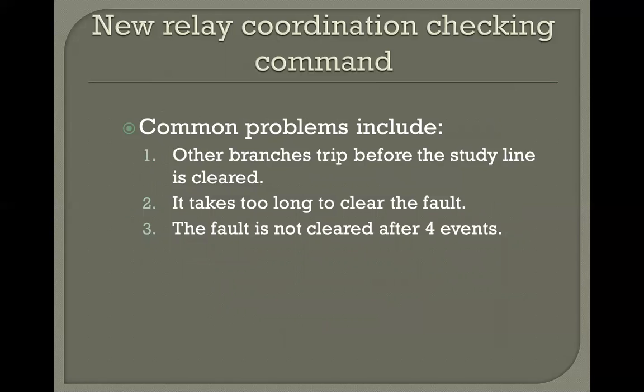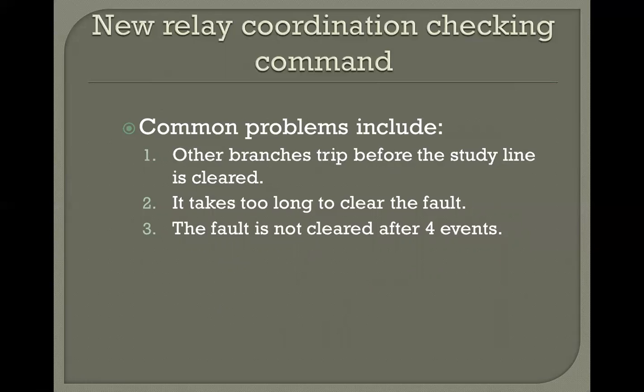The first one is that other relays, other branches may trip out before the study line is cleared. Well, this happens. Second, it takes too long to clear the fault. In other words, eventually the line is cleared, but it might take way too long for your taste. And number 3, the fault is not cleared after 4 events.